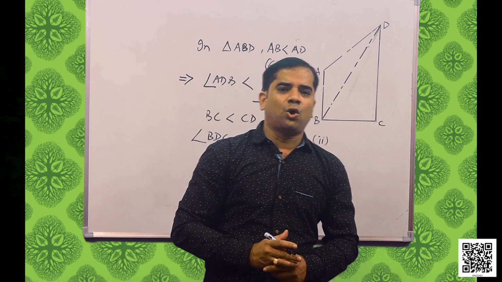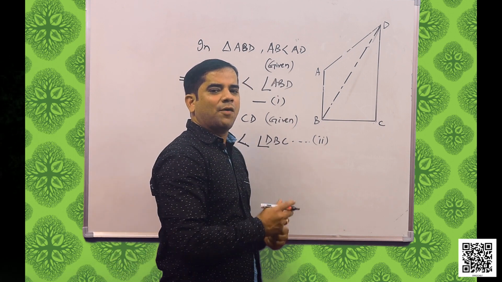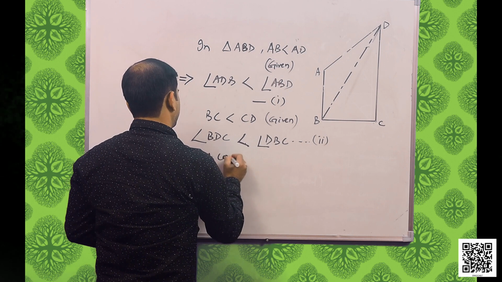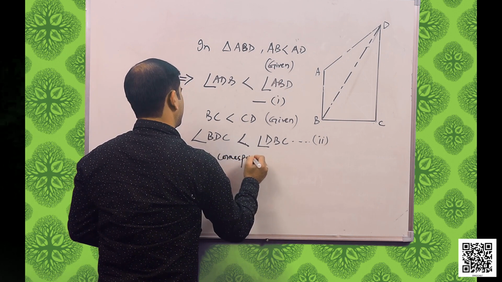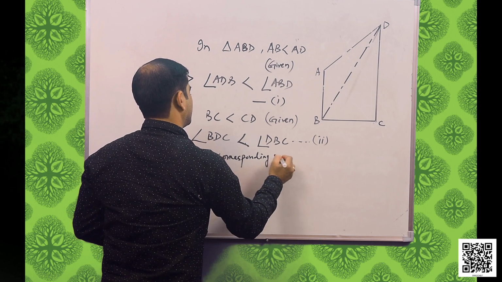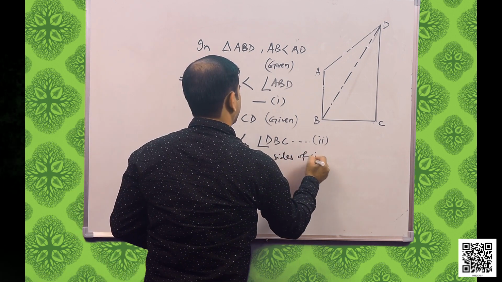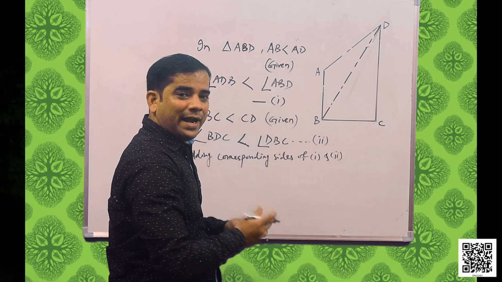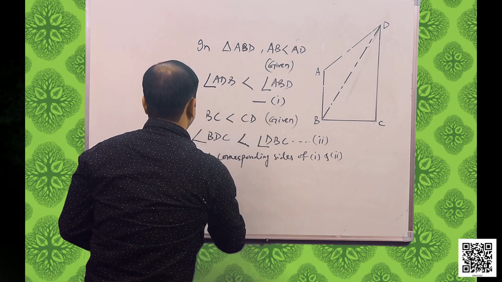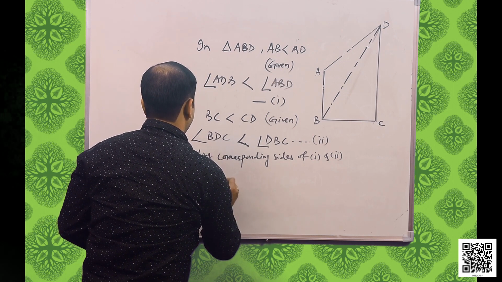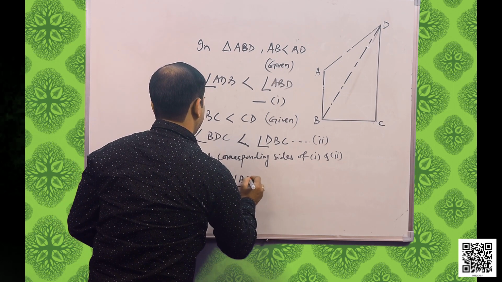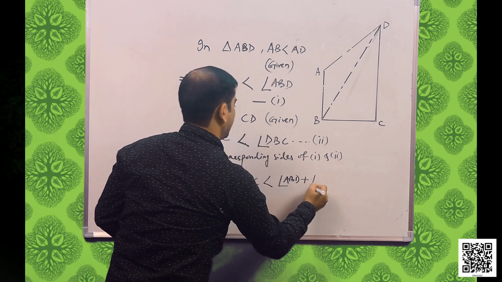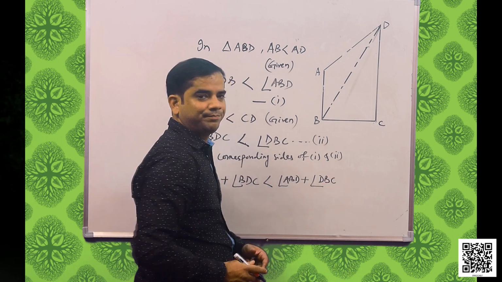So, adding corresponding sides of 1 and 2, what do you get? Angle ADB plus angle BDC is smaller than angle ABD plus angle DBC.